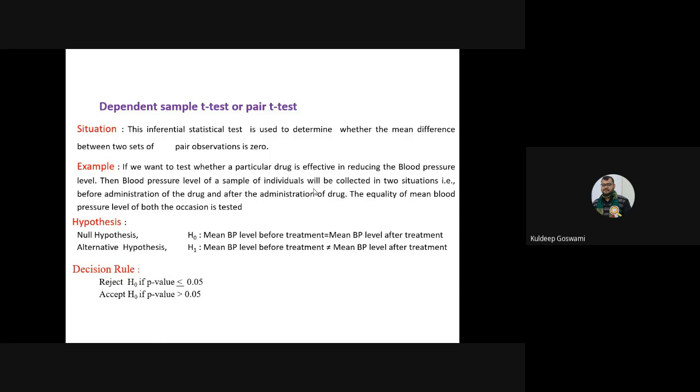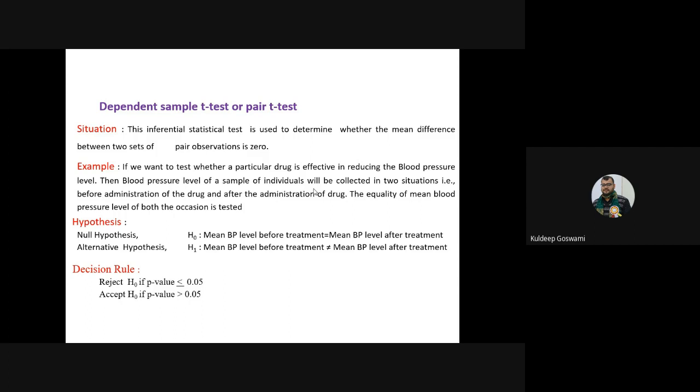or say there are 20 hypertensive patients, and a company decides to test their drug on those 20 hypertensive patients. At that time, what the company does is take the measure of blood pressure, systolic and diastolic, before giving that drug, and record that data.